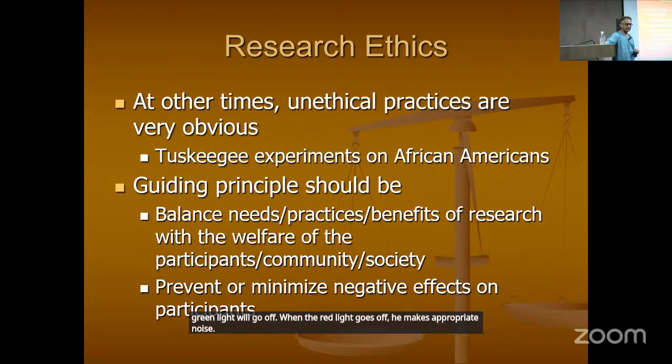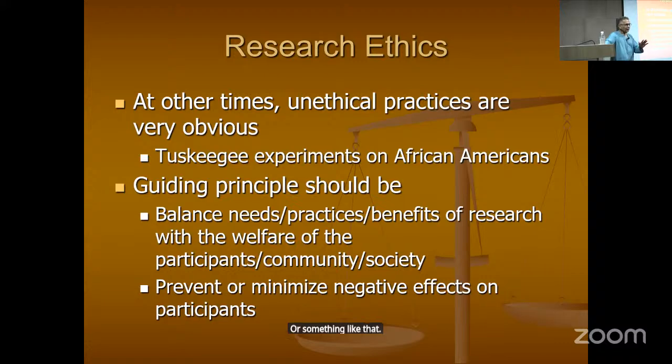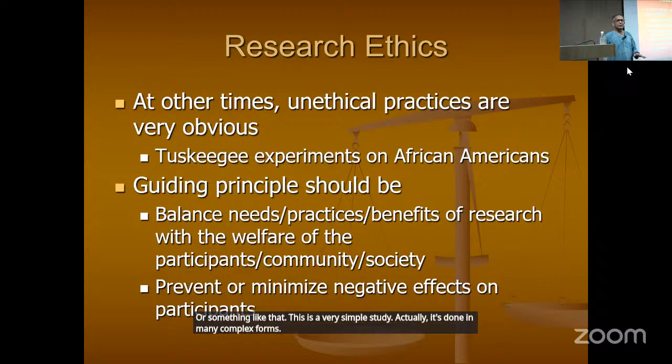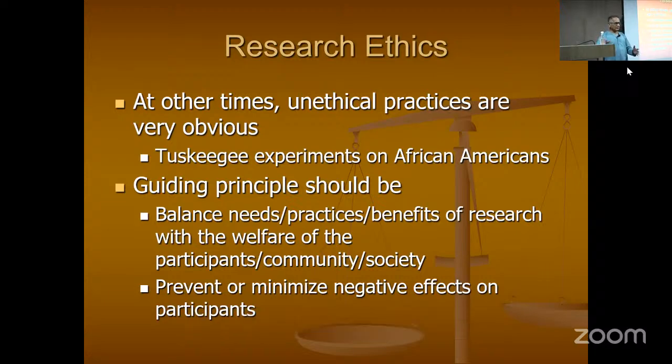This is a very simple study. It actually is done in many complex forms. And then you get a score under different conditions of leadership, the tendency for people to believe authority.